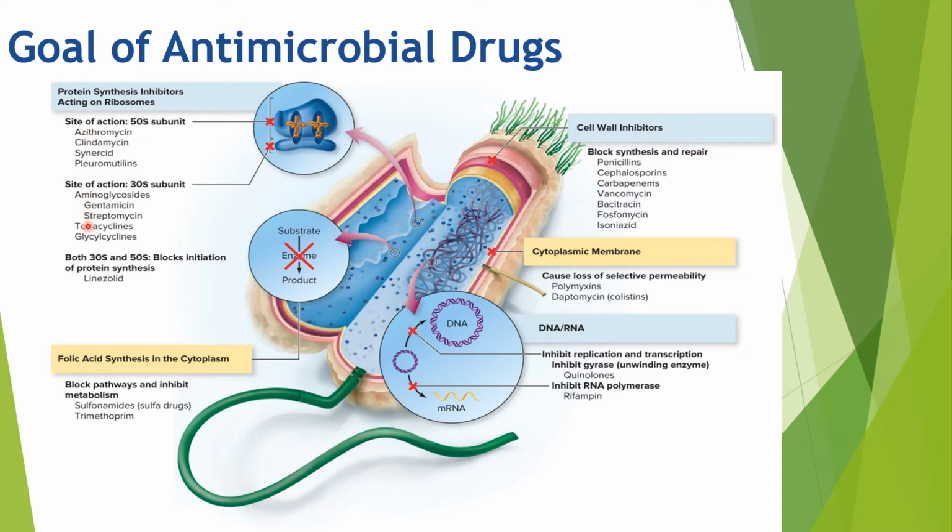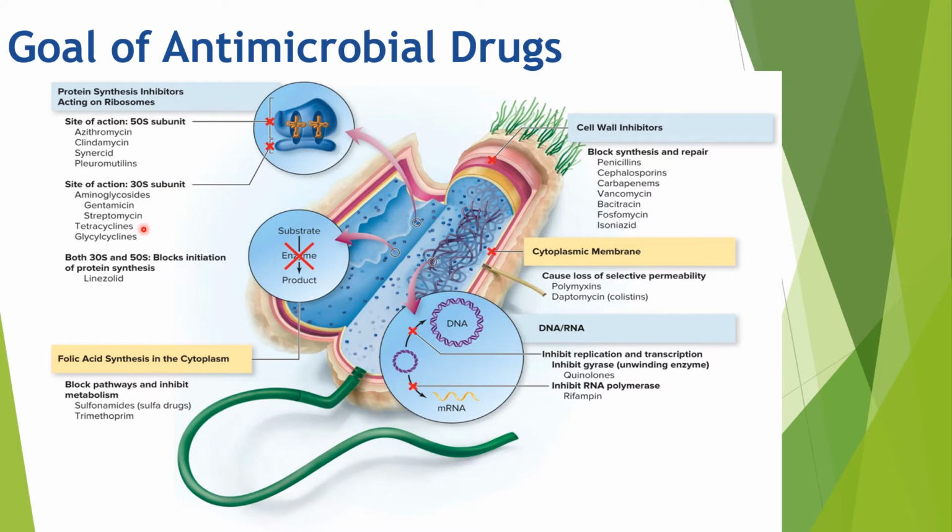So if we go back to the list of antibiotics that could target the ribosomes, let's take a look at tetracycline, since we were just talking about it in the previous chart. We said that tetracycline is a broad spectrum antibiotic, and as you can see, the target is the ribosome, specifically the 30S subunit.